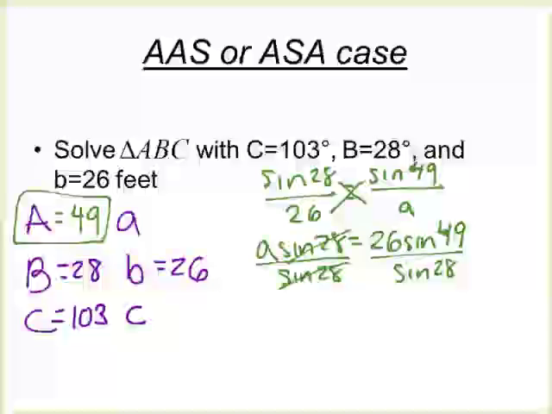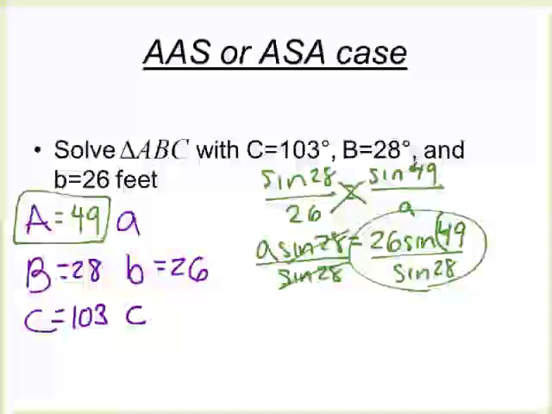So on the calculator, we want to type in 26 sine of 49 divided by sine of 28. It is important that you close parentheses. When you enter this in your calculator, you're going to type in 26, press your sine button, and when you do that, your calculator opens up a set of parentheses when you press a sine, cosine, or tangent button.